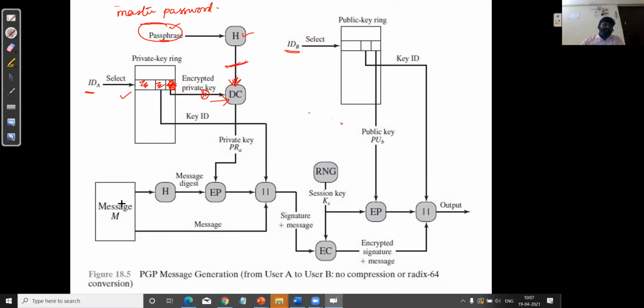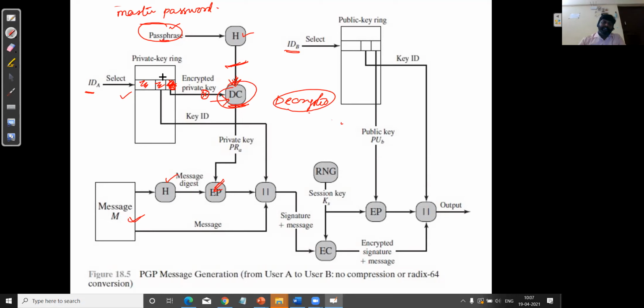Now, this is the input message, and the message is applied to the hash function. They will get the hash code, and for the hash code they will apply the private key. What is this DC? DC stands for decryption. Don't get confused.